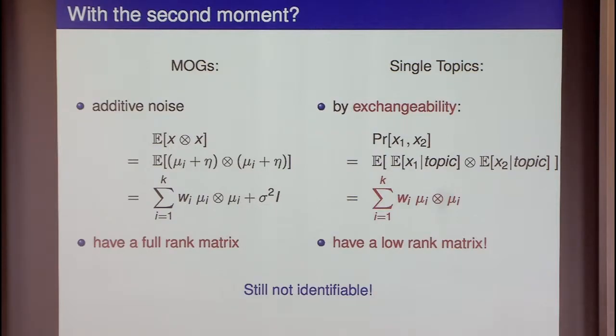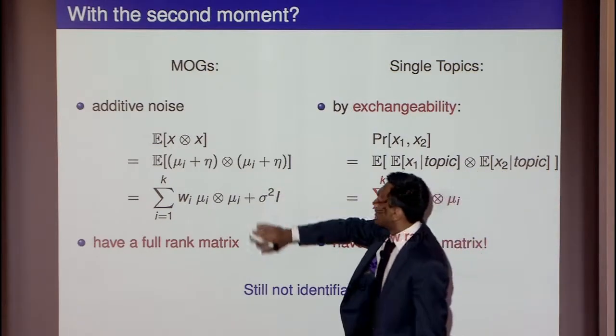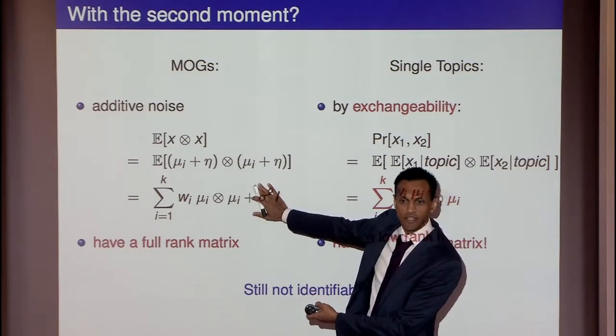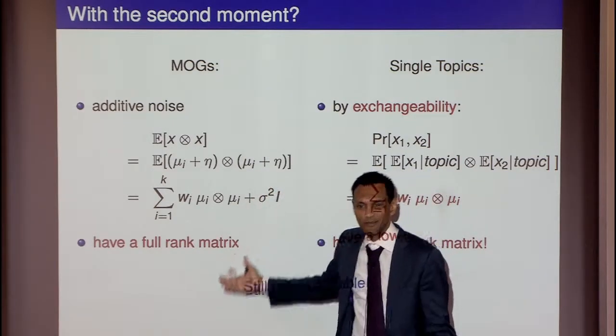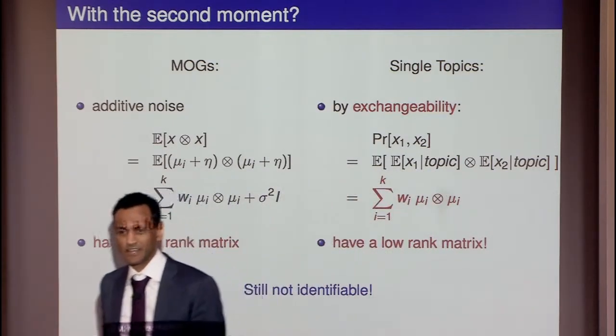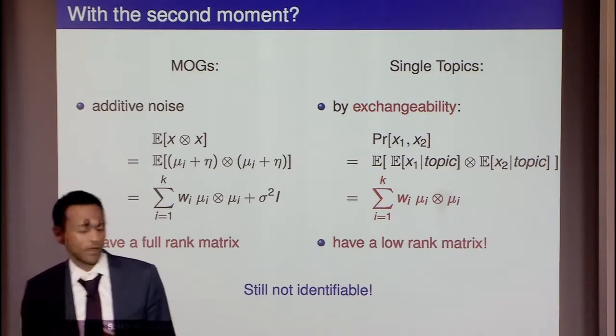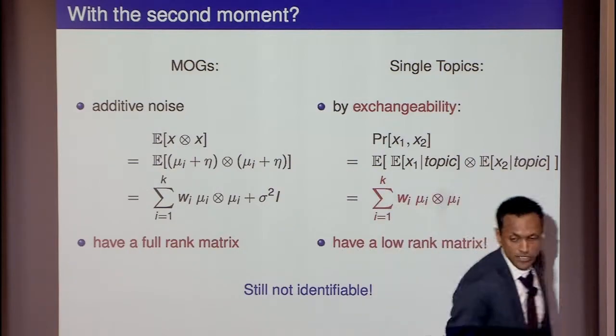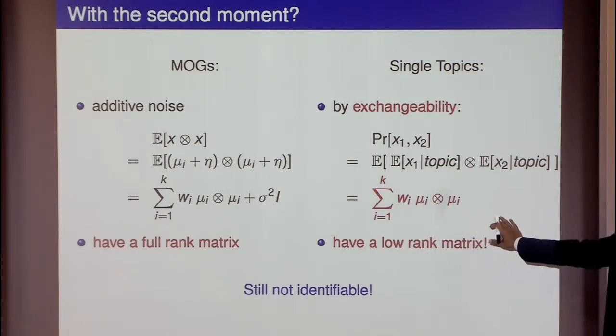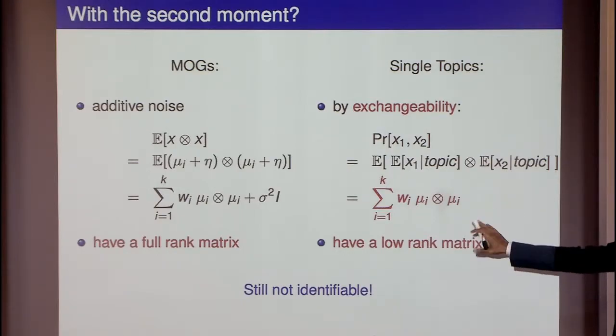That is exactly the right intuition. Suppose the noise was 0, and I just gave you this object and said, tell me the mu's. You can't do it, exactly for the reasons you mentioned. So let's proceed, and for now just look at the single topic model, because that's the simplest case. Once we figure that out, we can come back to the other ones.